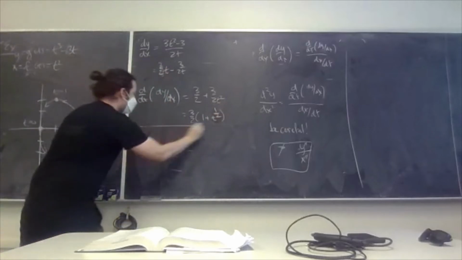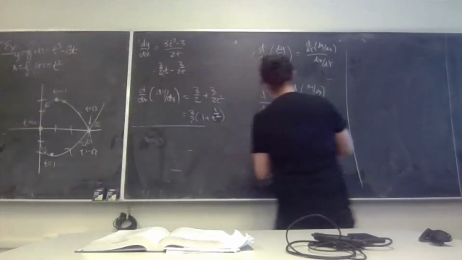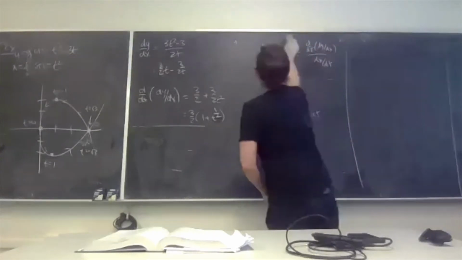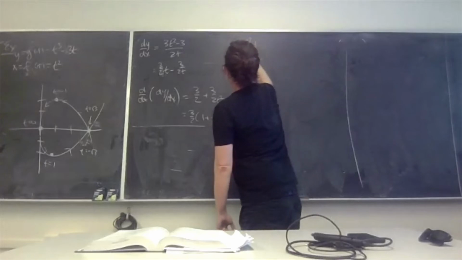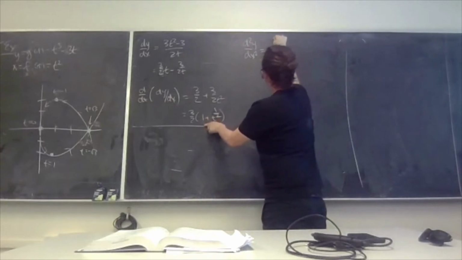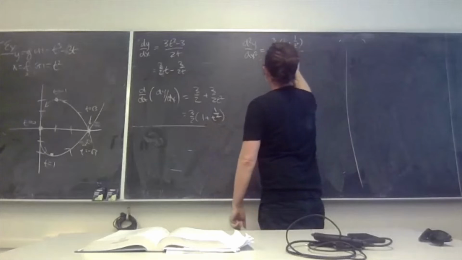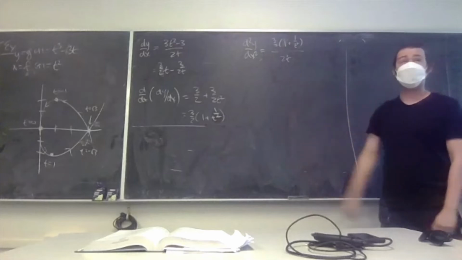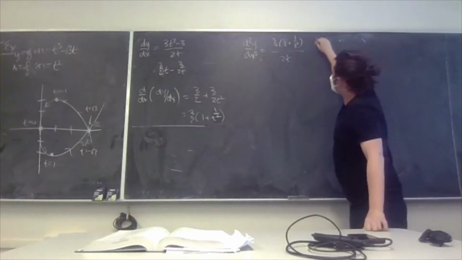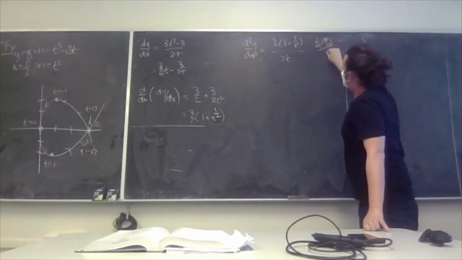Okay, so that means that d2y over dx squared is equal to this thing, 1 plus 1 over t squared divided by dx dt, which was 2t. So that's the full second derivative: d by dt of dy dx divided by dx dt.